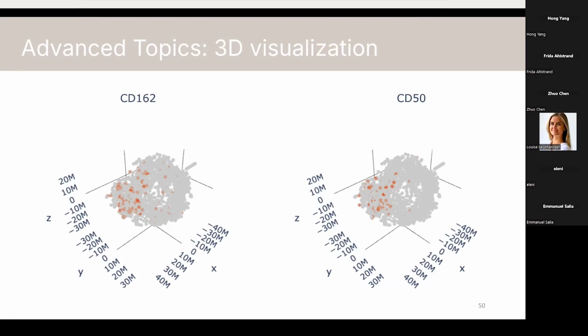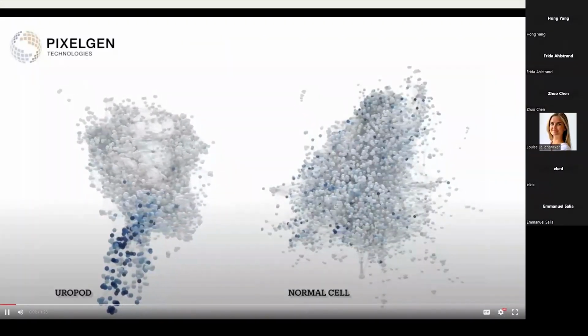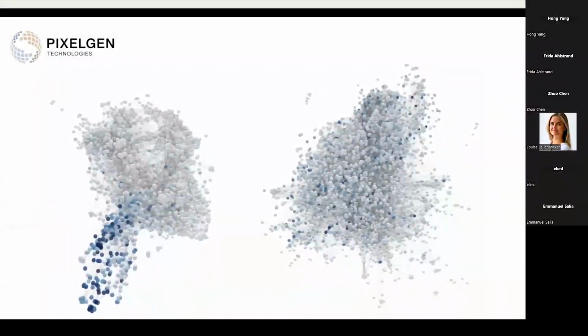And in this example, we're just showing the colocalization between CD162 and CD50, markers that we looked at previously. As you can see, we've highlighted the places in the cells where these proteins are present, and you can see that these correspond between CD162 and CD50.